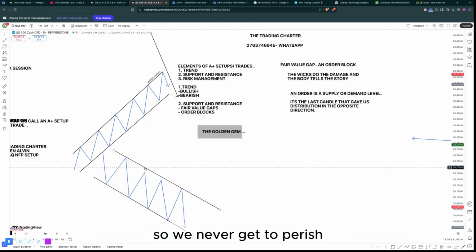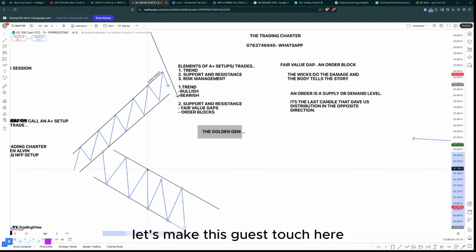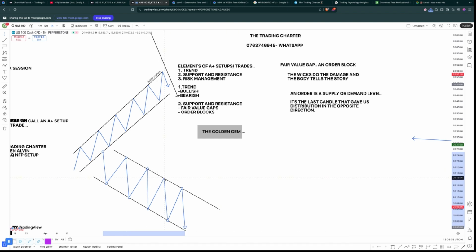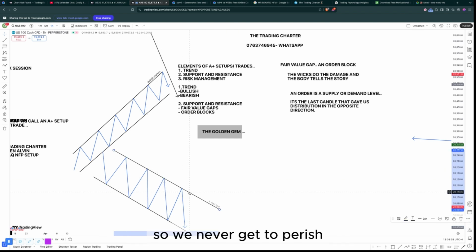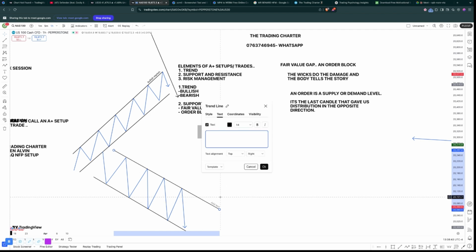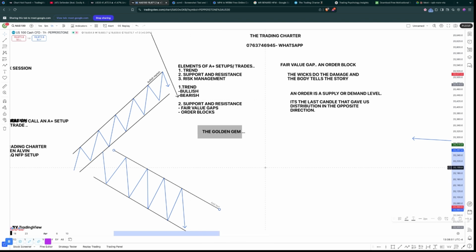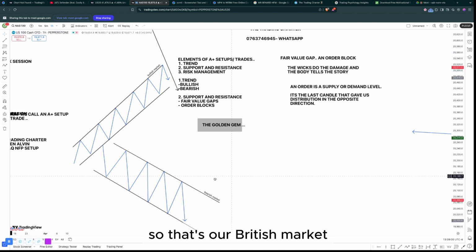So we label it bearish. Let's make this guy touch here. So we label it bearish market. Alright, it's there. So that's our bearish market.